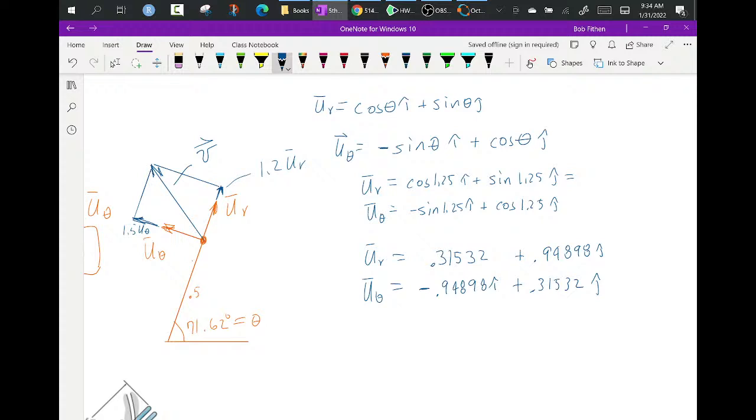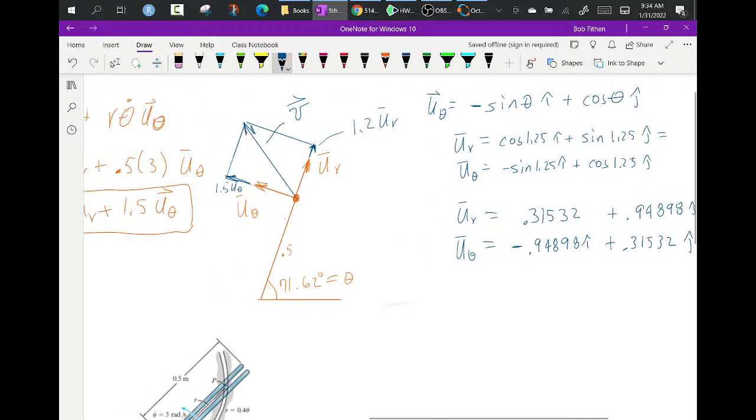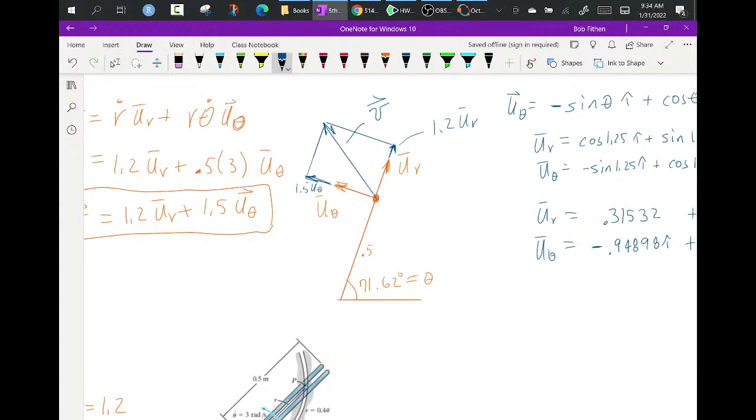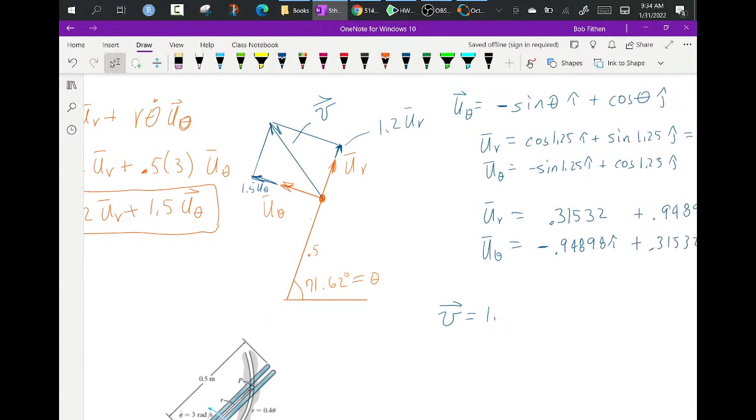Now, I could even go further with this, but I think I will, just out of curiosity. So now you take 1.25 times this. If I want to know the velocity in Cartesian, I would take 1.25 times UR plus 1.5 times U theta.